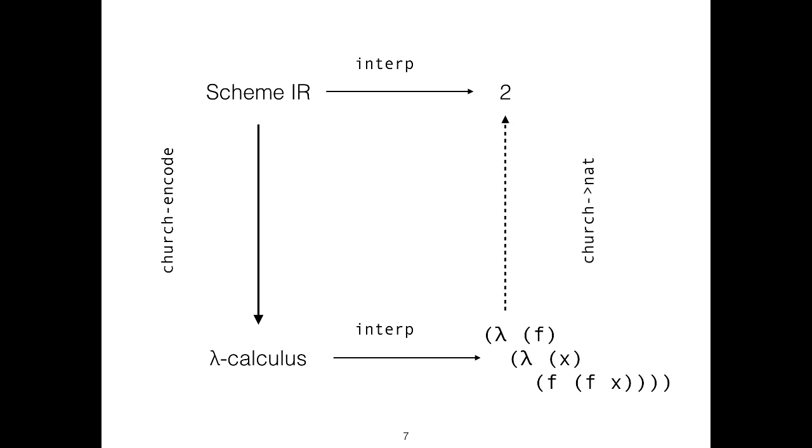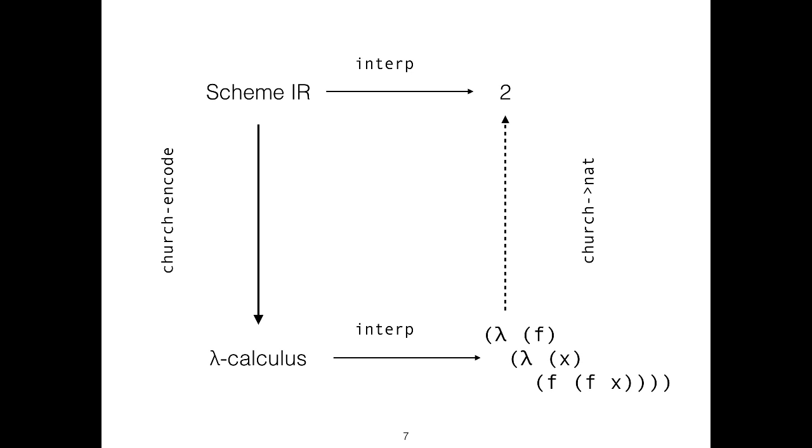Well, it turns out that we're also going to have a function that's going to take things from the Lambda calculus. This thing in the bottom right is the church encoded version of the number 2. And we're going to have a little function that's going to convert that back into the Racket number 2. But they're really the same thing. They're representing the same thing conceptually.